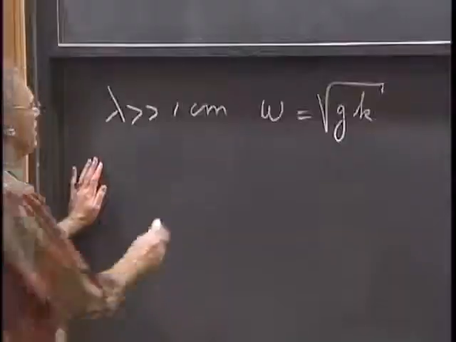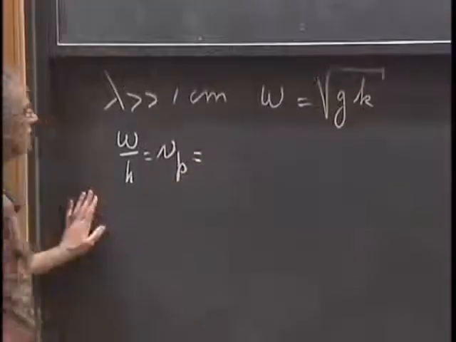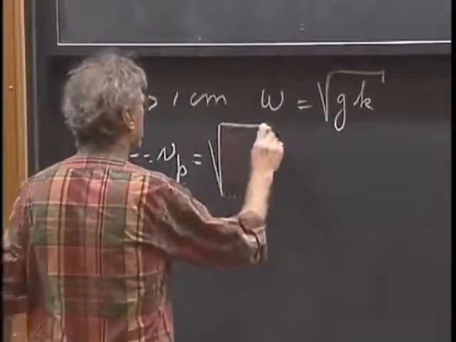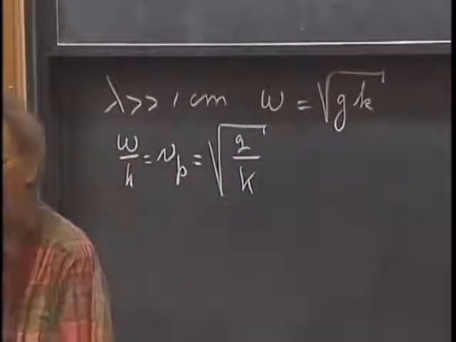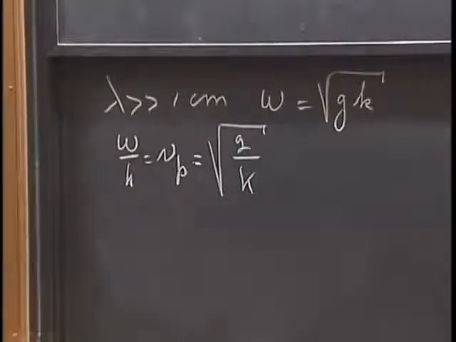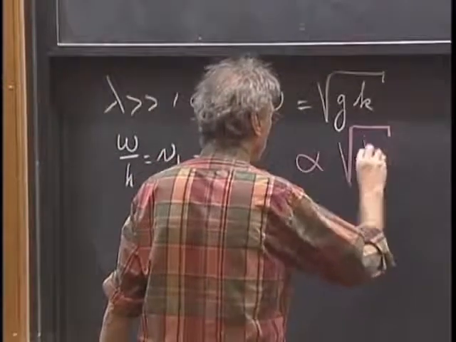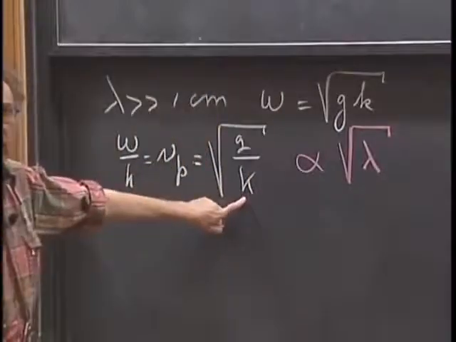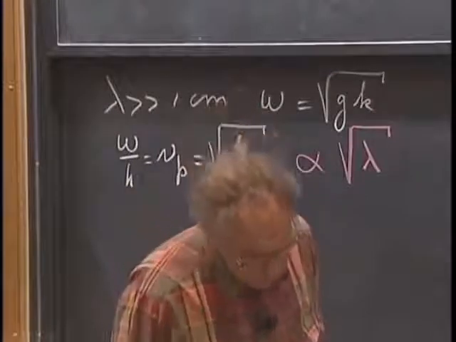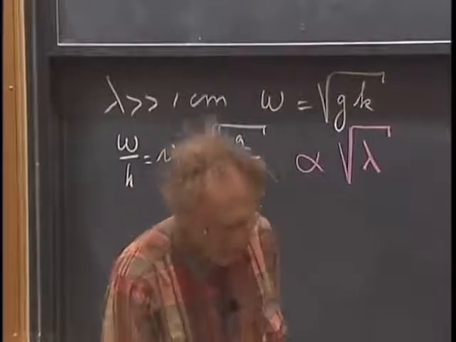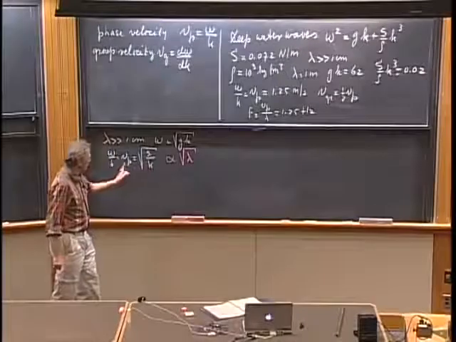And so omega divided by k, which is the phase velocity, is therefore the square root of g divided by k. Do we agree? And notice that this is therefore proportional to the square root of the wavelength, because 1 over k is proportional with lambda. So what it means is that the larger the wavelength, the higher the phase velocity. If lambda is larger, k is smaller, the higher the phase velocity.